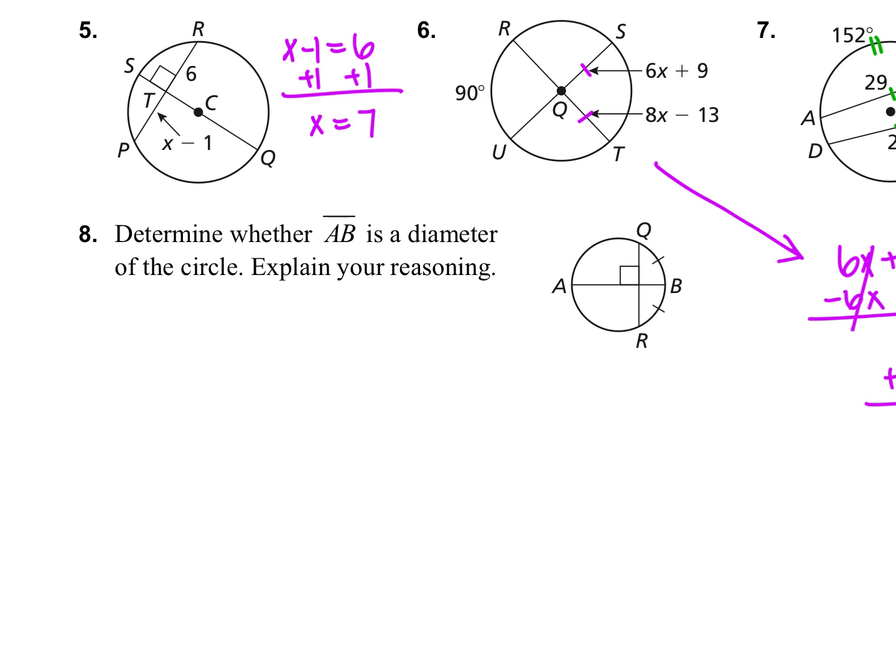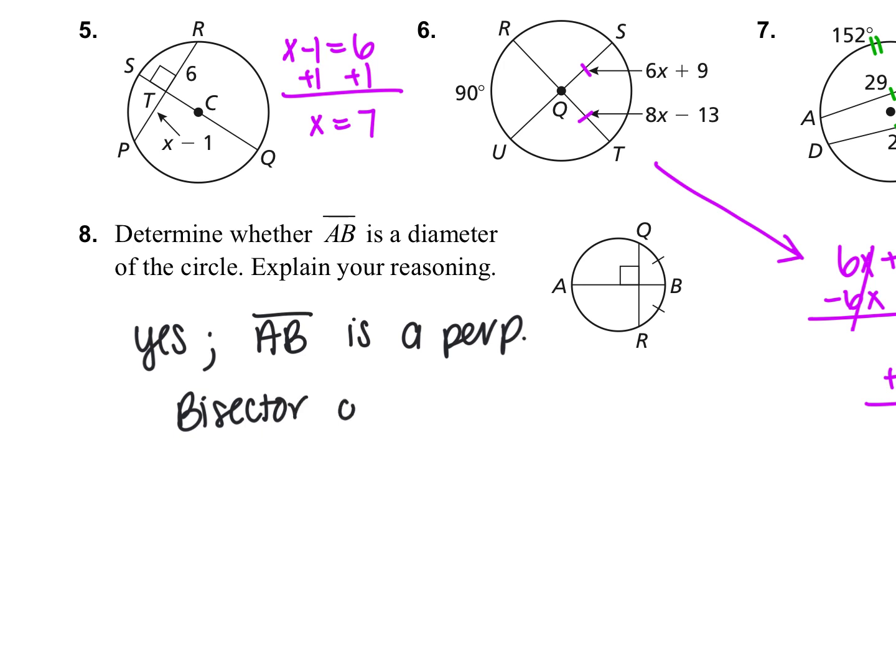It has to be a perpendicular bisector. So for this one, it is a yes. AB is a perpendicular bisector of QR. Okay, super important that you know, it has to be a perpendicular bisector.